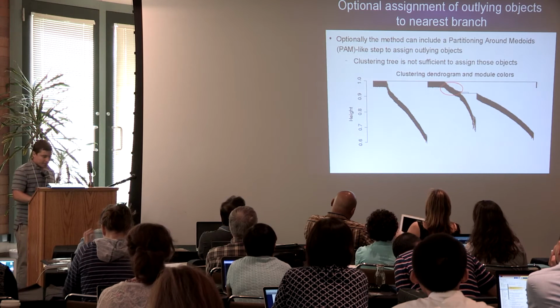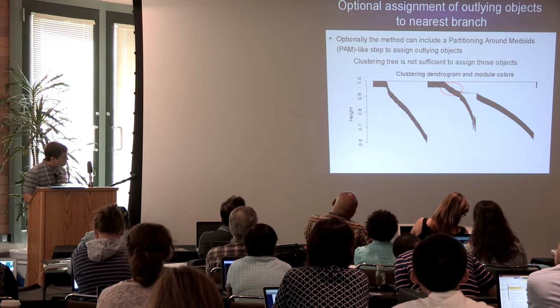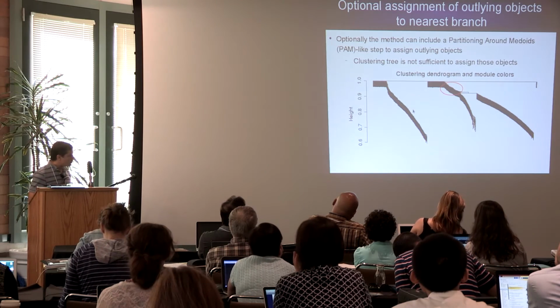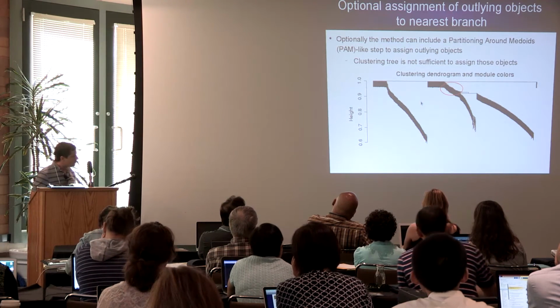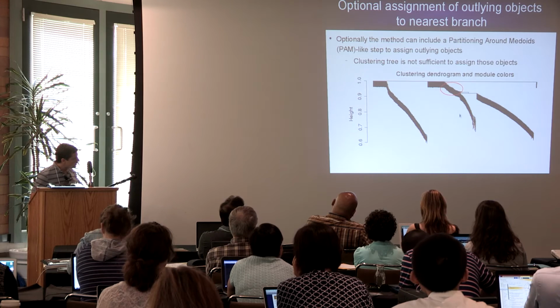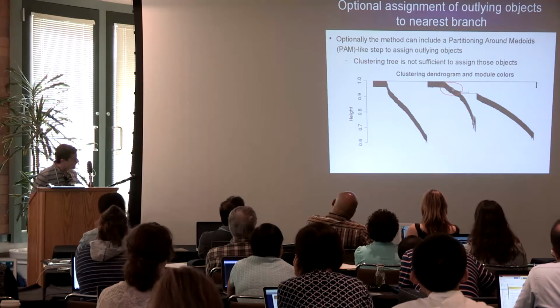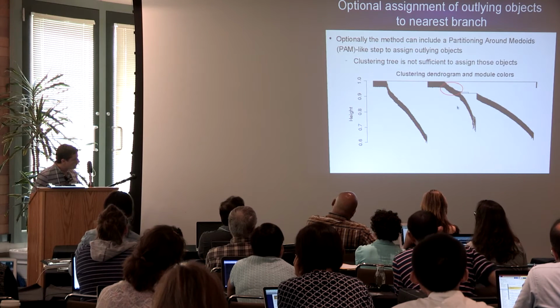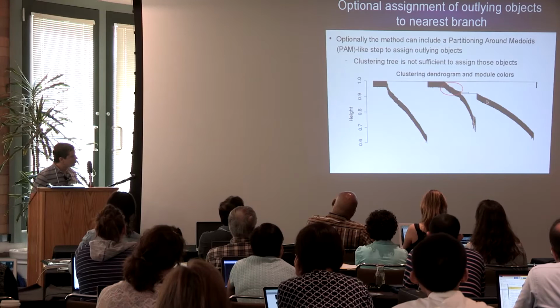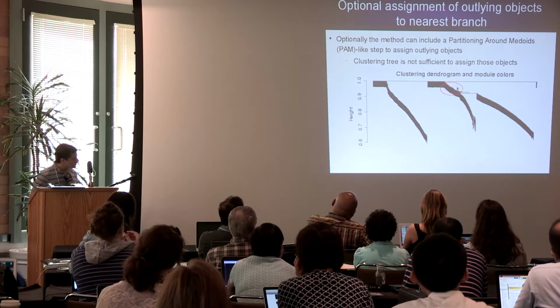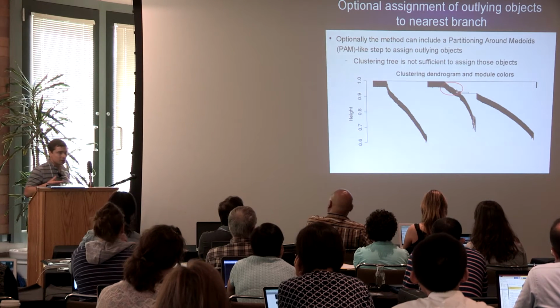Now, one thing that is fairly important and that people sometimes don't realize is that once you merge two big branches like these two, objects that are merged into the dendrogram above that could belong to either one of these two, and the clustering tree itself does not tell you which one it is.